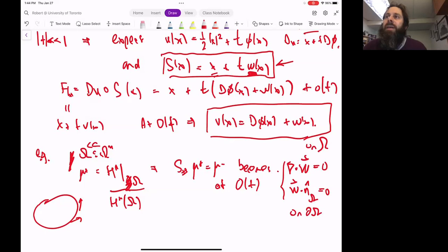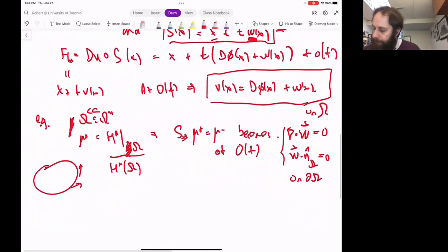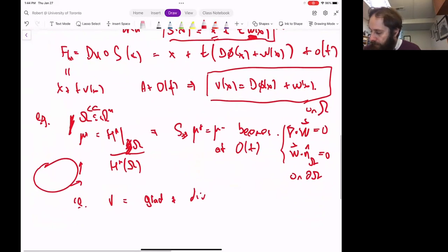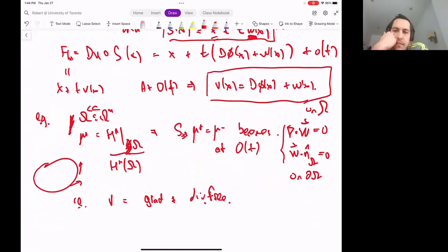Has anyone seen a theorem like that in a different context? So I guess this is sometimes called like the Hodge-Helmholtz decomposition of vector fields.